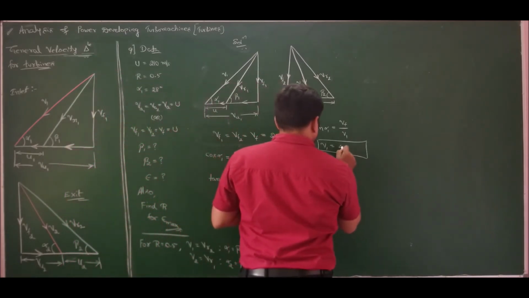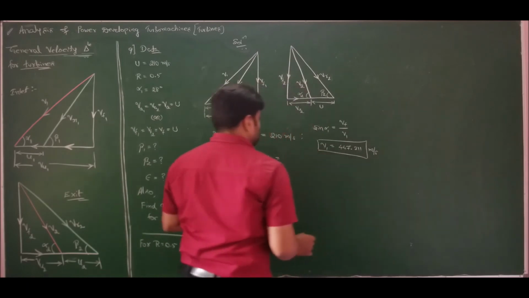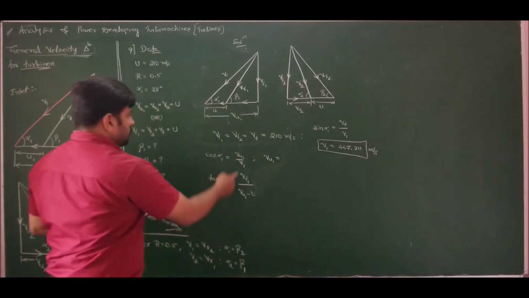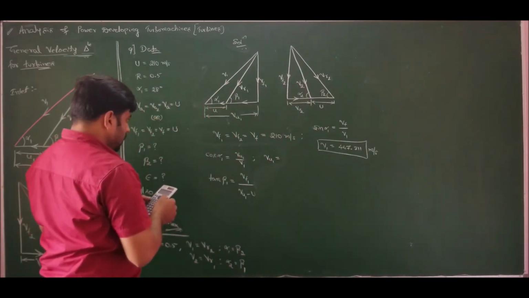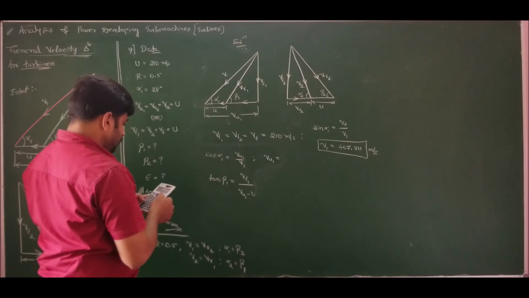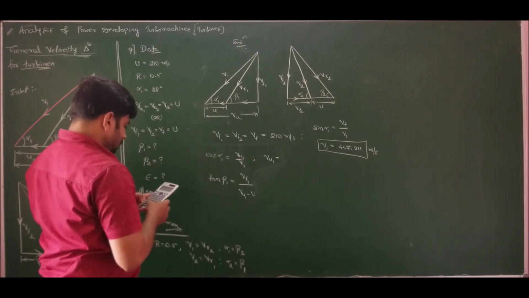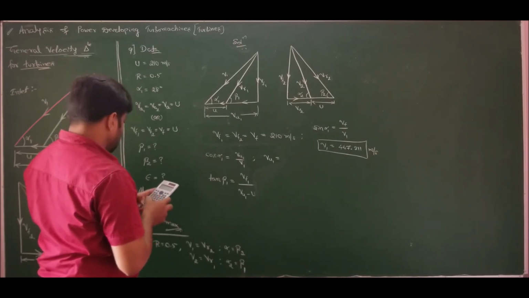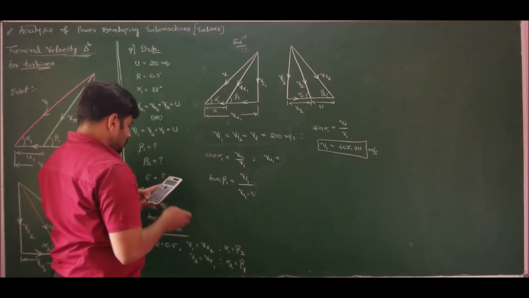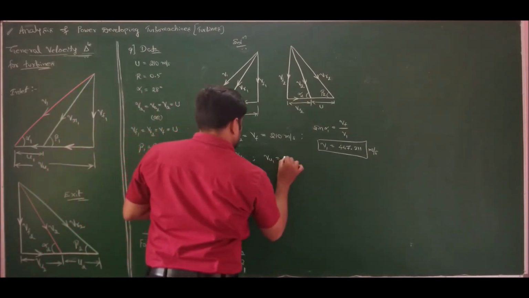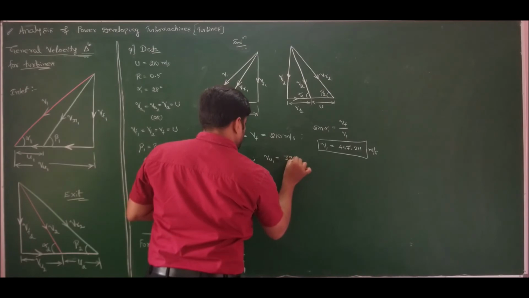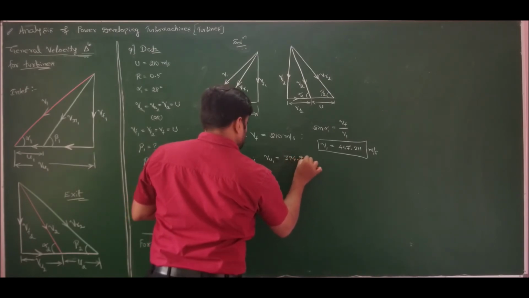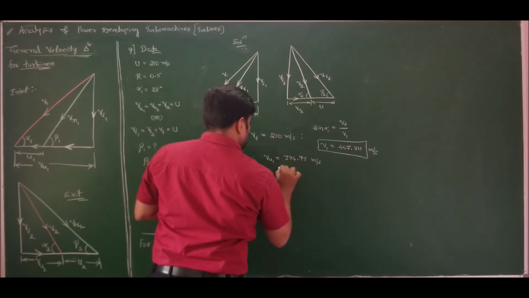V1 will become 447.311 meters per second. We know the value of V1. Substitute in this equation, we will get Vu1. Vu1 will be V1 cos alpha 1, 28 degrees. So Vu1 is 394.95 meters per second.